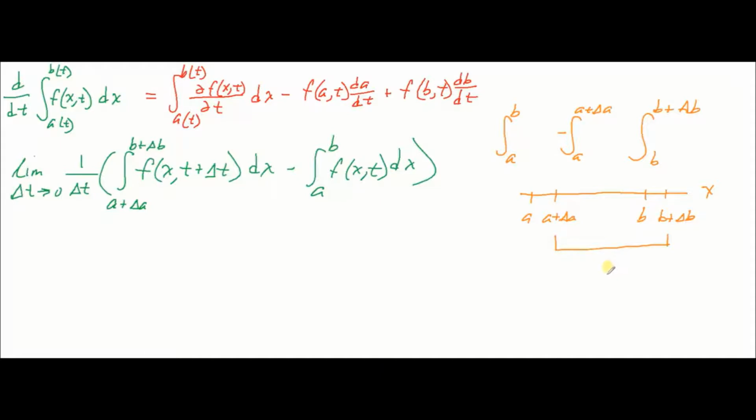That's what we want. Well, if we go from a to b, that takes care of this one. If we go from b to b plus delta b, that gets us up to here. So now we have this whole area. We have too much here. If we subtract from a to a plus delta a, then that's gone, and we can see that these three integrals would be equal to the area of this one.